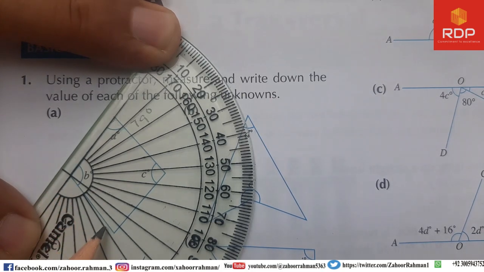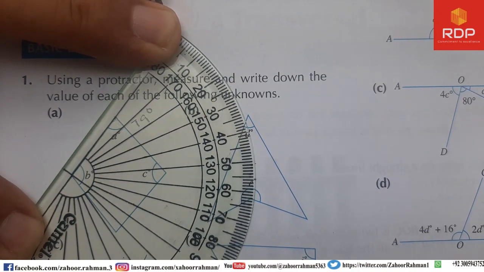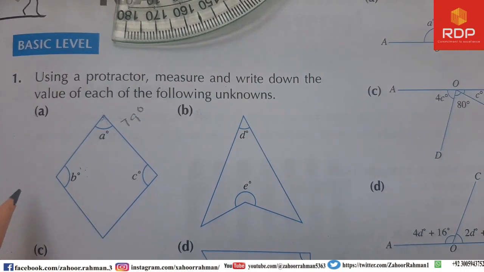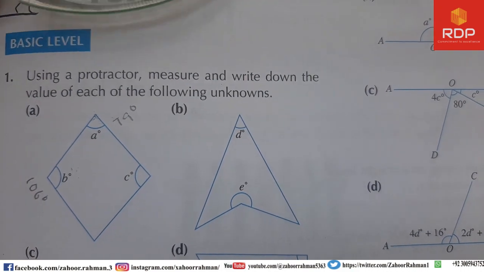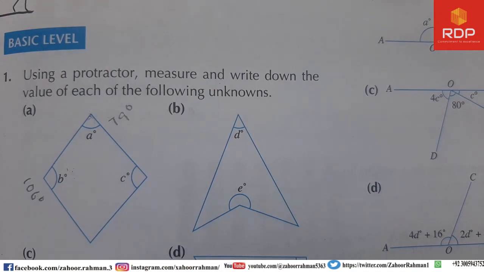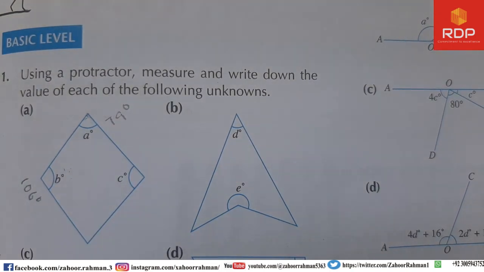So this line is showing us that it is 106. So here you write 106 degrees. Now we have to do the third one.